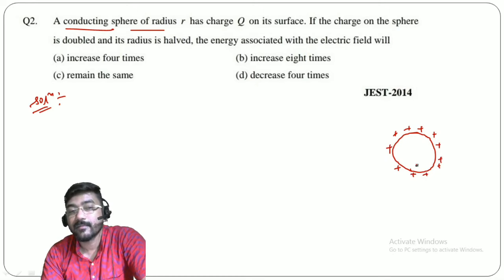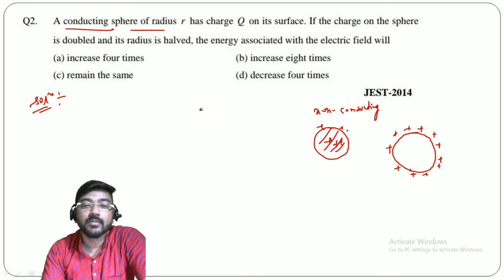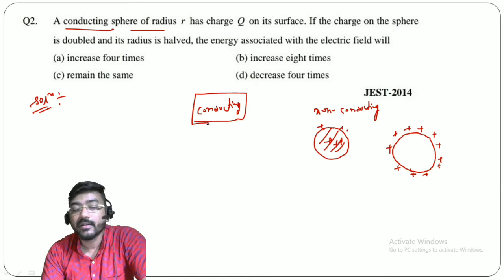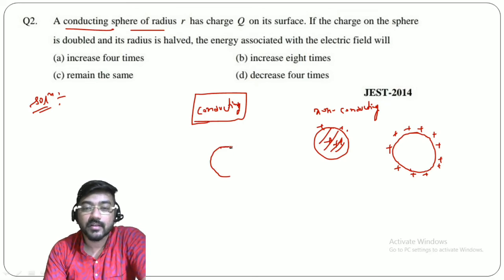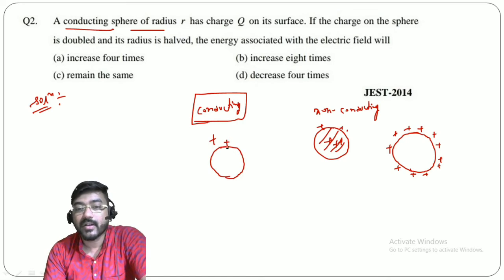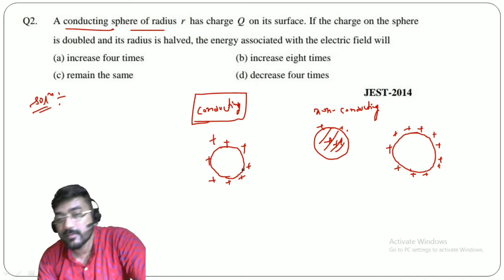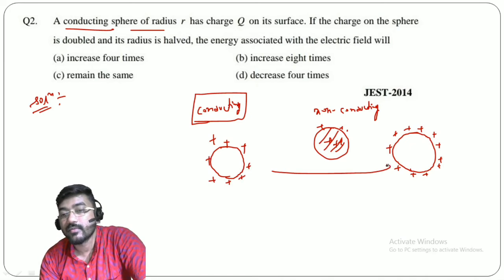For a solid non-conducting sphere, you will have charge inside also and on the surface. But for a conducting sphere, charge cannot reside inside the bulk of the conductor, so obviously the charge will be on the surface. So with respect to charge distribution, you can treat the conducting sphere like a spherical shell.